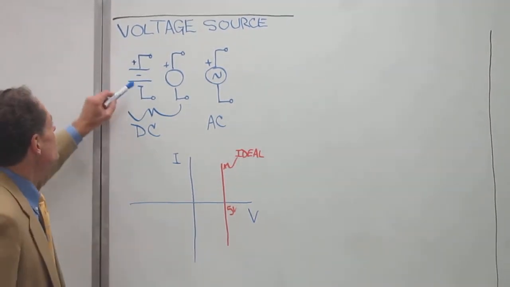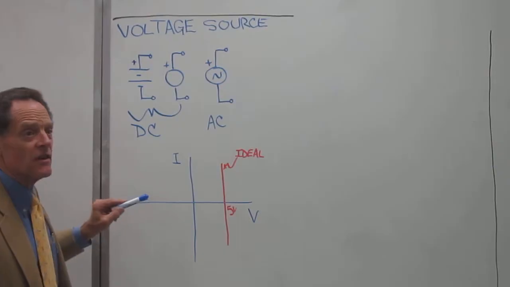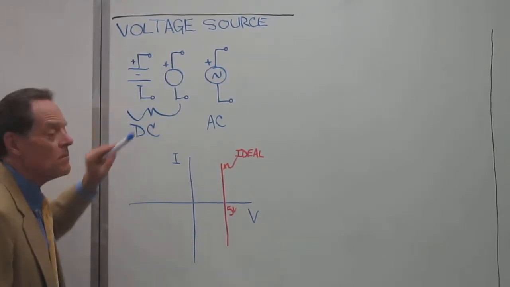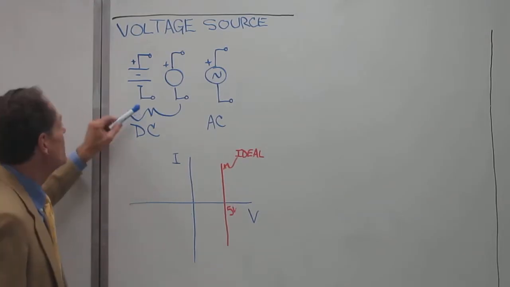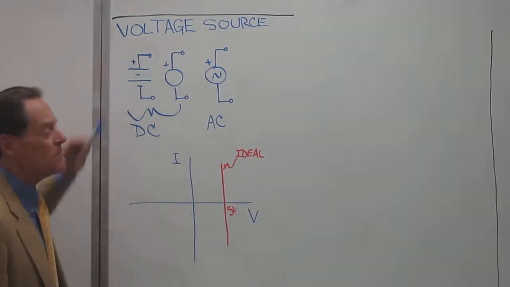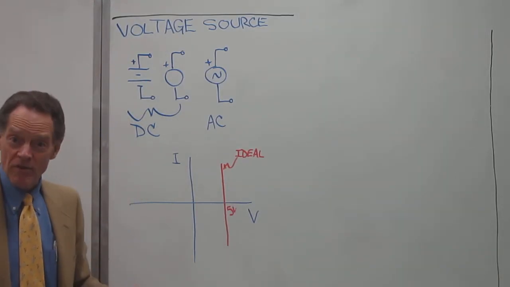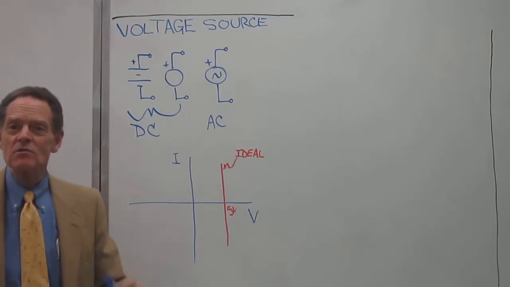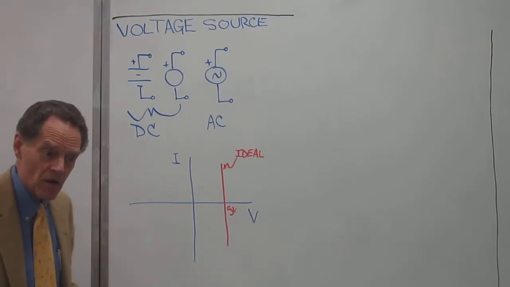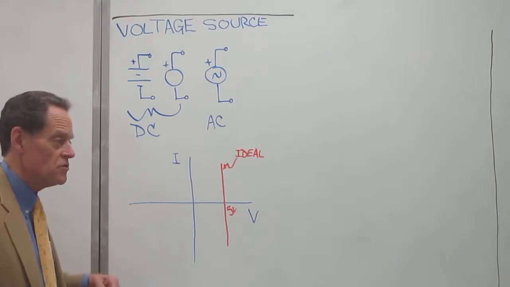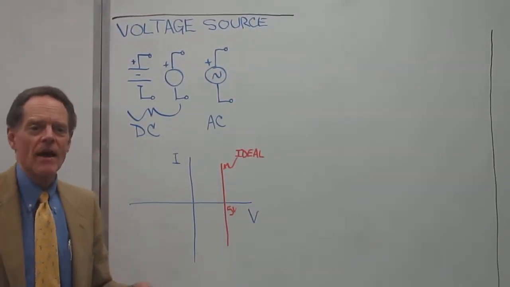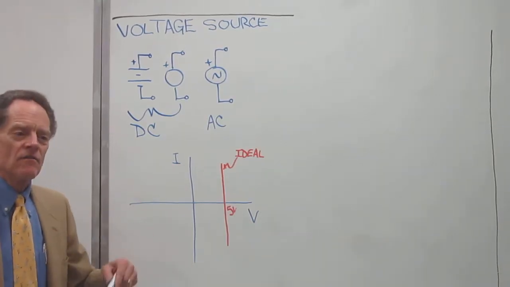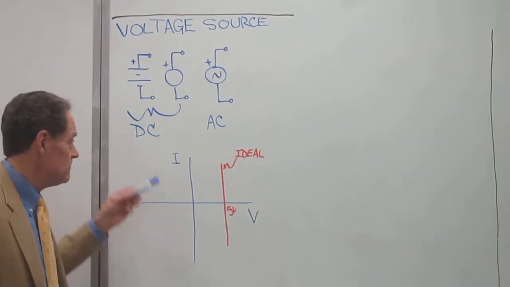In other words, you can have current leaving the plus end, or you can have current leaving the minus end. And in the case of it leaving the minus end, that means it's coming in the plus end, and what does that mean? That means the battery is being charged, like in your car when you charge your battery up. If it leaves the plus end, that means that the battery is supplying energy to a circuit.